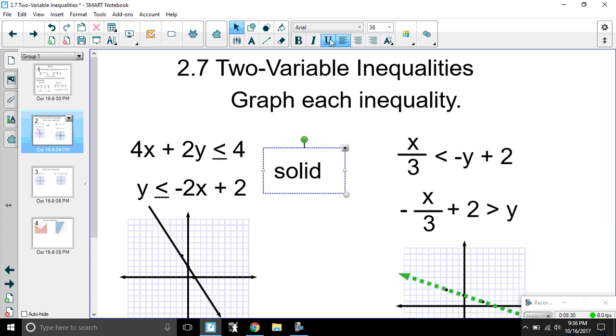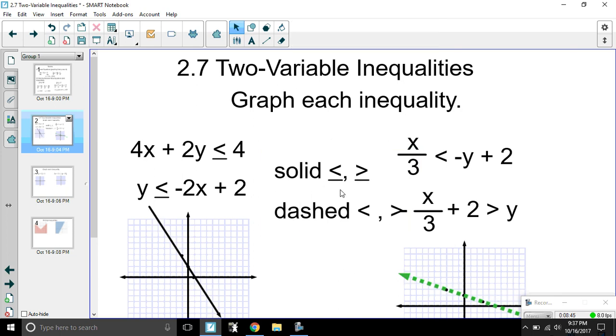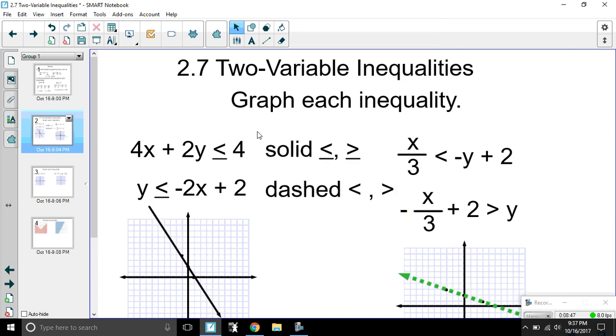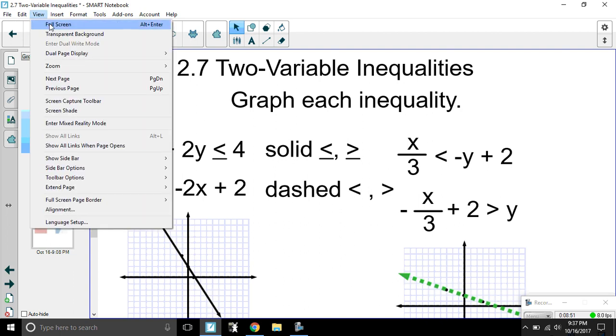And it is dashed when it's less than or greater than. And that will never change. So make sure you write that down, something always to remember.